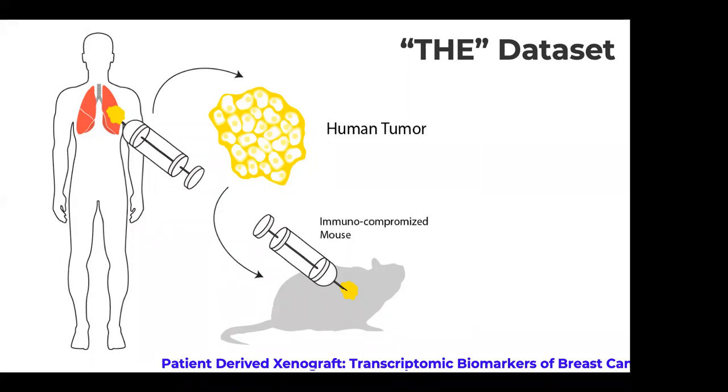The data used in this study is also used in one of our projects, called patient-derived xenografts, transcriptomic biomarkers for breast cancer. We will also be sharing the link to that project. In this example, we will be using methods for RNA-seq analysis.